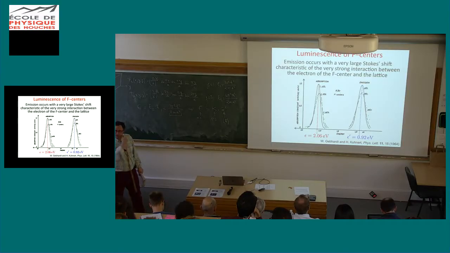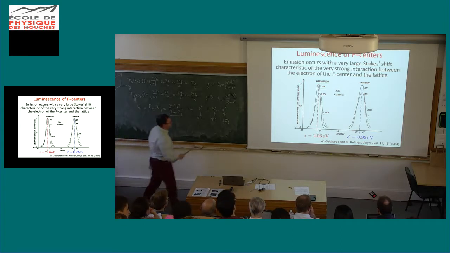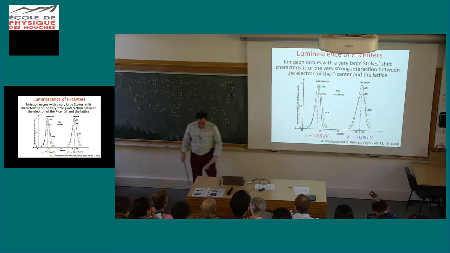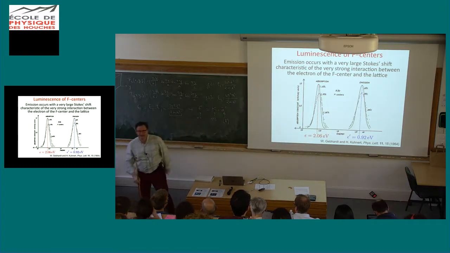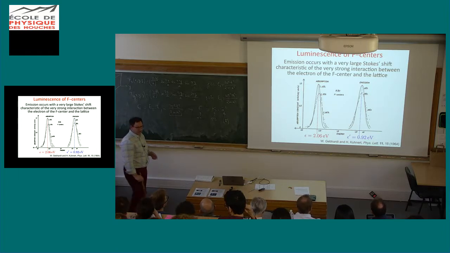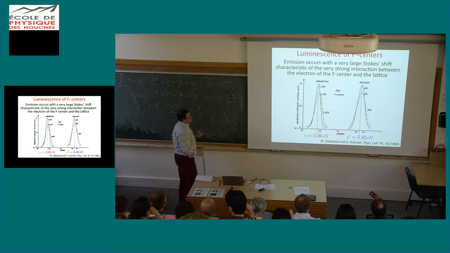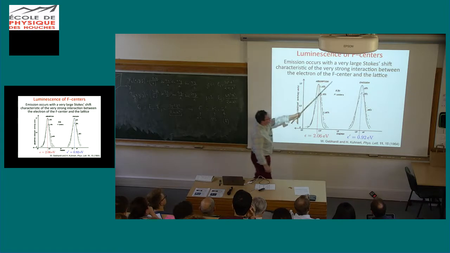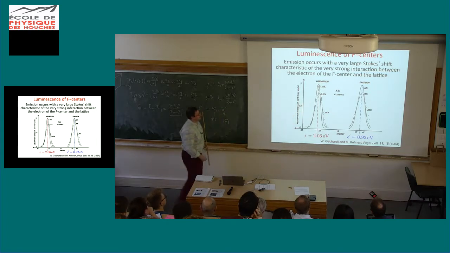Another important feature that we have to explain is the luminescence properties. We have both the absorption here, and if we look at the emission, we see that in these centers, like the defects in diamond, there will always be emission occurring with a very large Stokes shift. This is characteristic of the very strong interaction between the electron that creates the F center and the lattice.